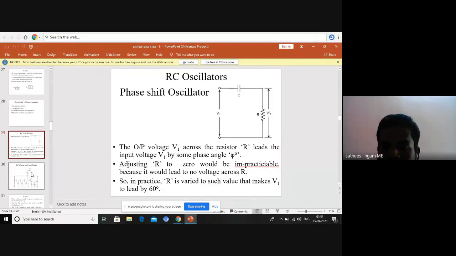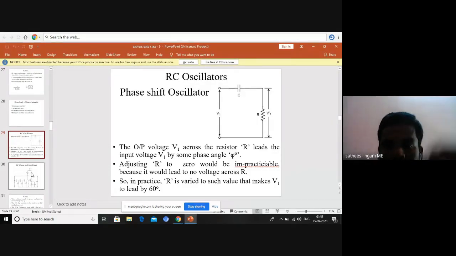Actually, if R is 0, that creates exactly a 90-degree phase shift. Our ultimate aim, if it is an oscillator, is a 360-degree phase shift. Keep it in your mind: it always requires a 360-degree phase shift. 360 degrees means 0.